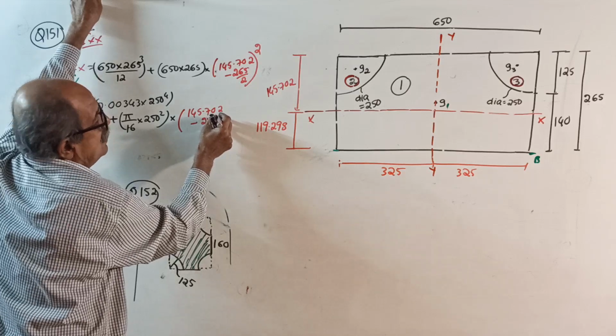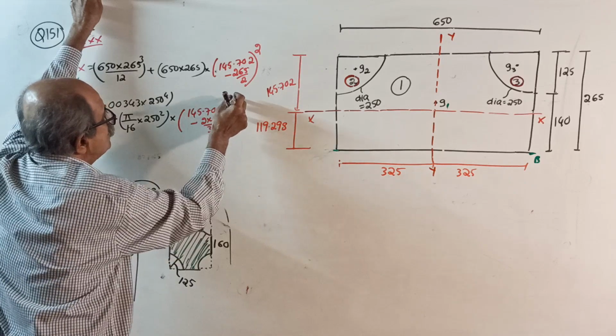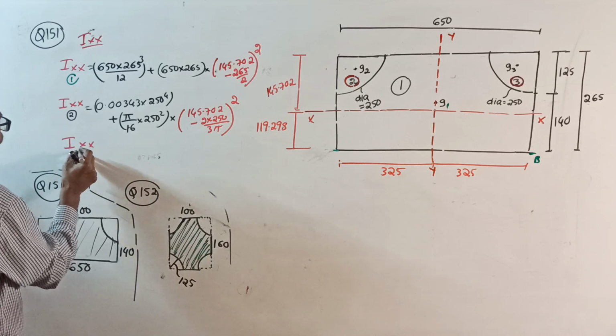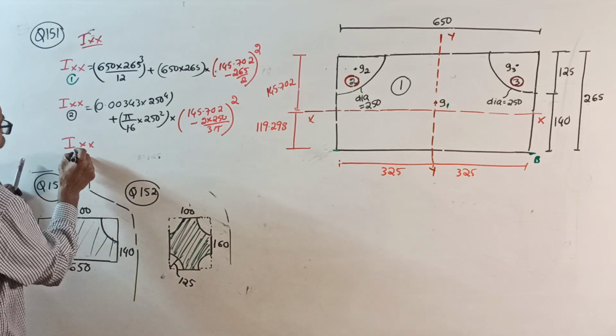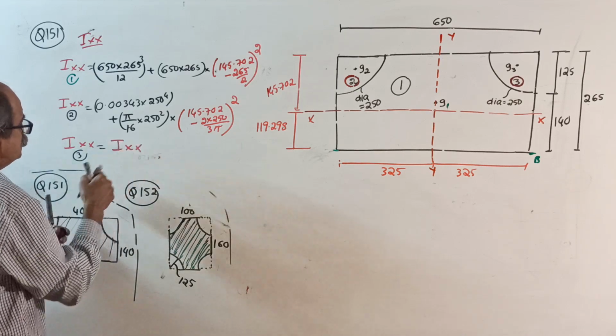How much diameter? 250. 2 into diameter divided by 3 pi whole square. Calculate. Then Ixx for 3, don't waste time, is equal to Ixx for 2.